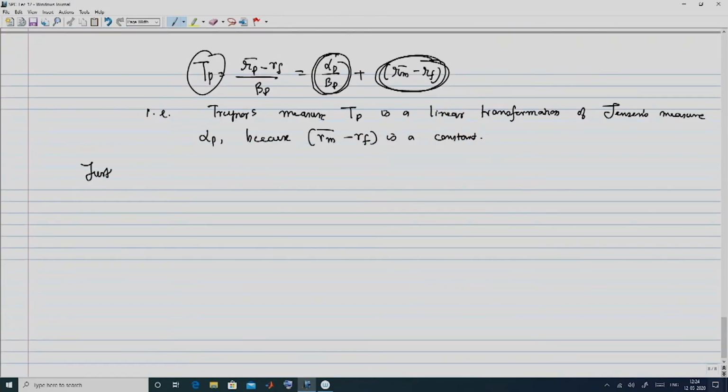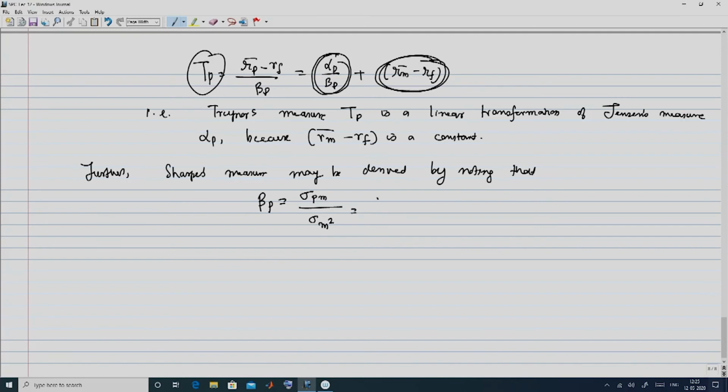Now, further, Sharpe's measure may be derived by noting that beta p by definition is sigma p m over sigma m square, and sigma p m can be given as rho p m into sigma p into sigma m by definition of correlation coefficient, divided by sigma m square.